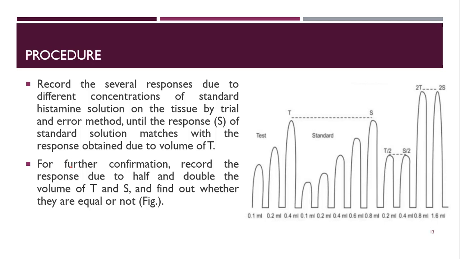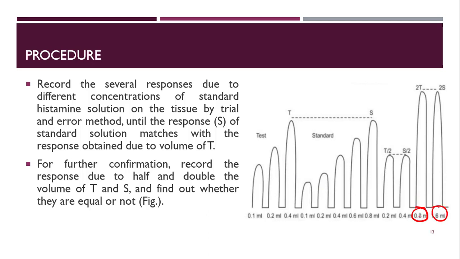Okay, so you can see the next dose is 0.2 ml of the test. What was the original T? It was 0.4 ml, and 0.4 ml of the standard. What was the initial volume? That is 0.8 ml. And in the next two, what we have done is that we are taking exact double quantities of it.